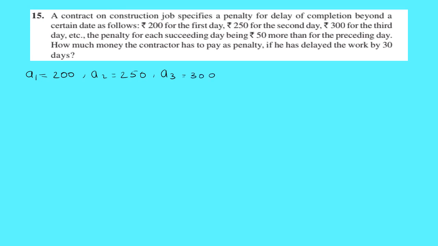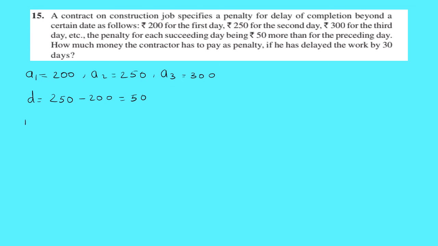Since the common difference D equal to A2 minus A1, that is 250 minus 200, that is equal to 50. And you have to find if he has delayed the work by 30 days. That means the number of days it delayed.